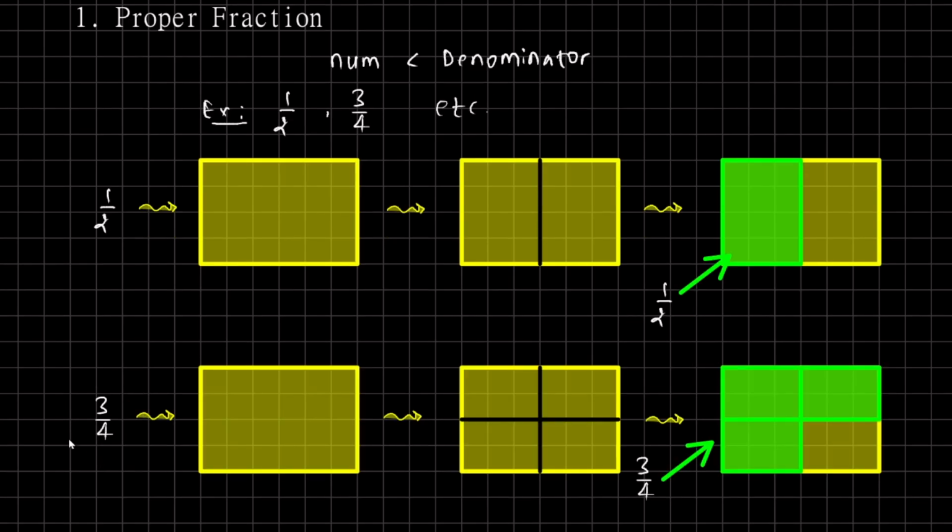Let's see 3 over 4. Here we have taken a whole object, divided it into as many parts as we have denominator. Here denominator is 4, so we divided it into 4 equal parts. Now we take as many parts as the numerator. So here we have taken 3 equal parts. So this green portion is representing the number 3 over 4.